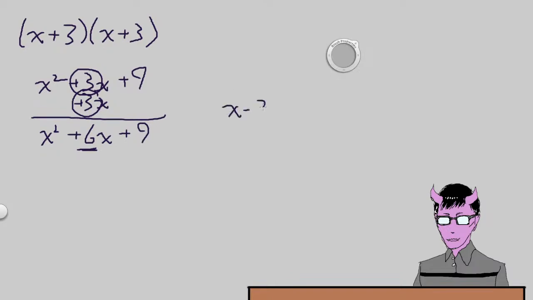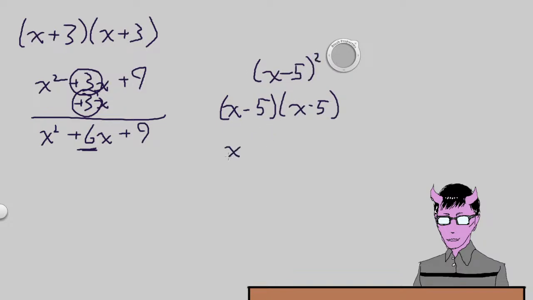So if you have x minus 5, for example, and then times x minus 5, this is the exact same factor times itself, hence it's exponent squaring, right? So what do we get?